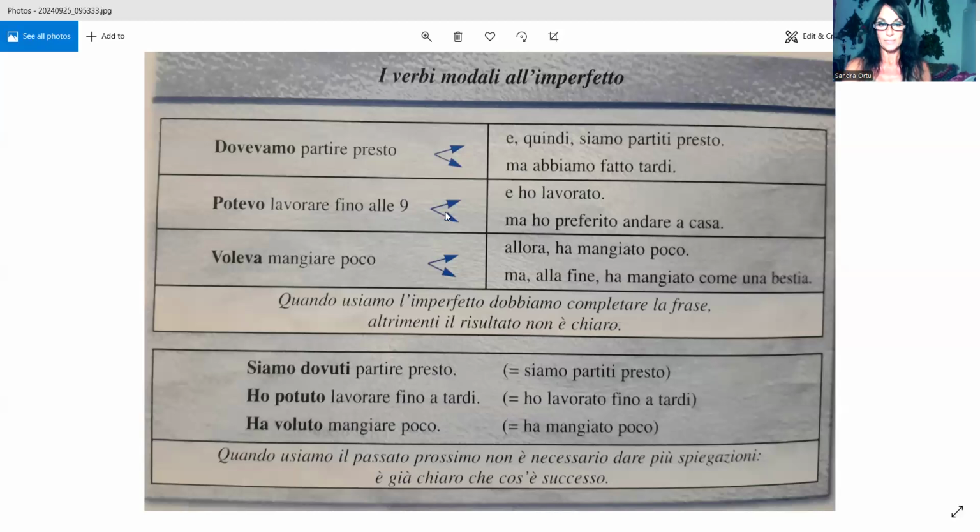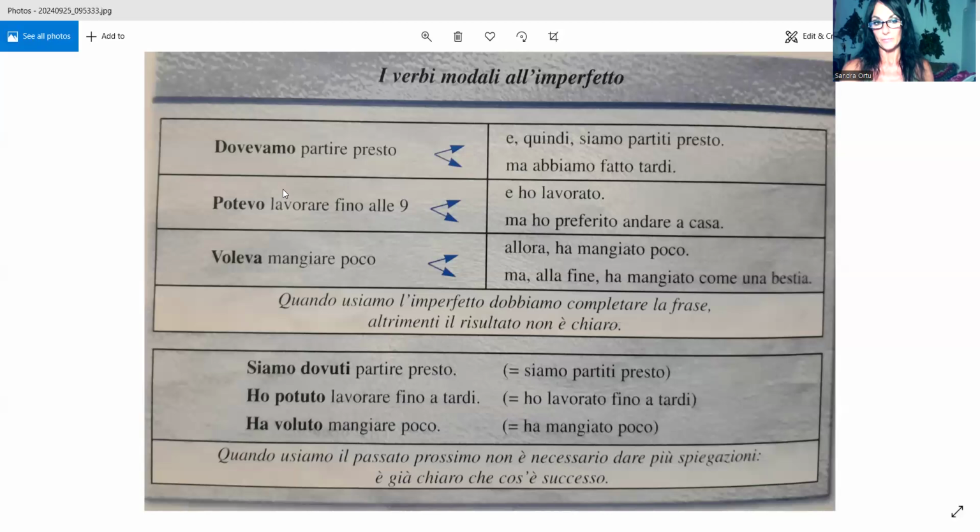Let's go to the second example with the modal verb potere. Potere means can or to be able to. We have exactly the same format. Potevo lavorare fino alle 9 e ho lavorato. The second option, potevo lavorare fino alle 9, ma ho preferito andare a casa.